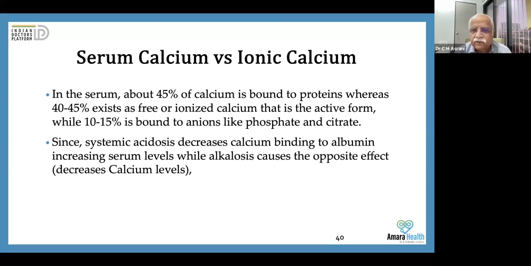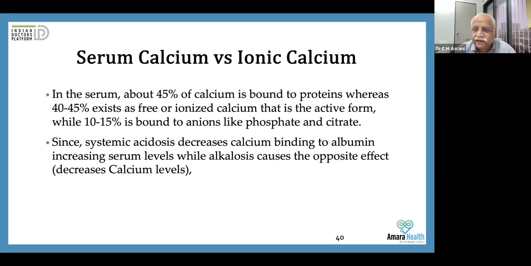Since systemic acidosis decreases calcium binding to albumin, serum levels increase. So acidosis decreases binding, you will have higher serum levels. Alkalosis will cause the opposite effect, increase the binding and decrease calcium levels.